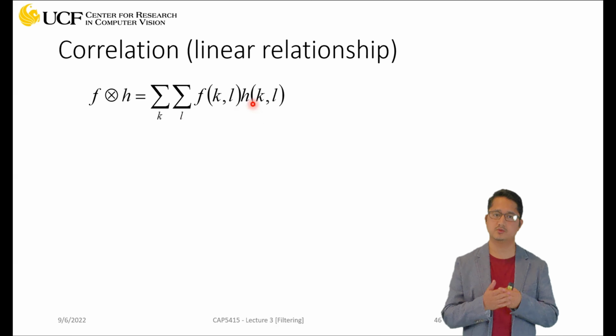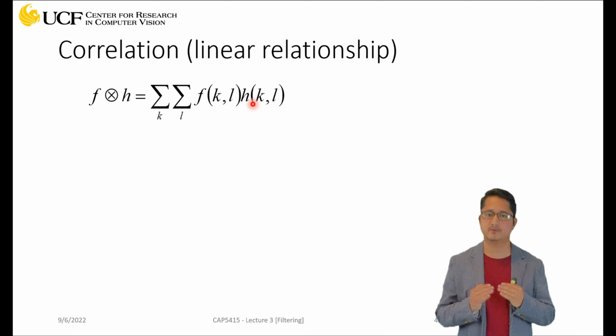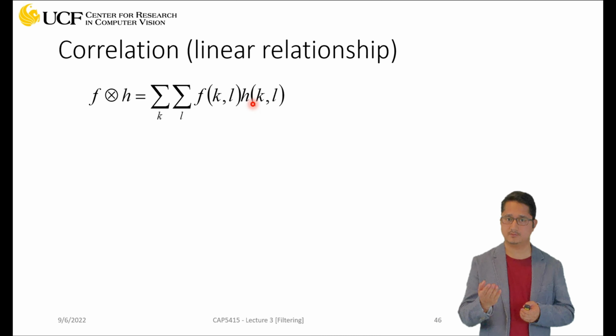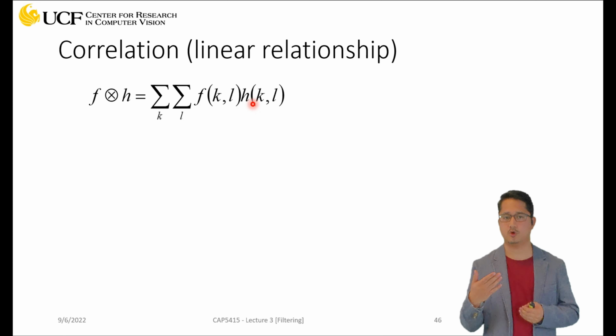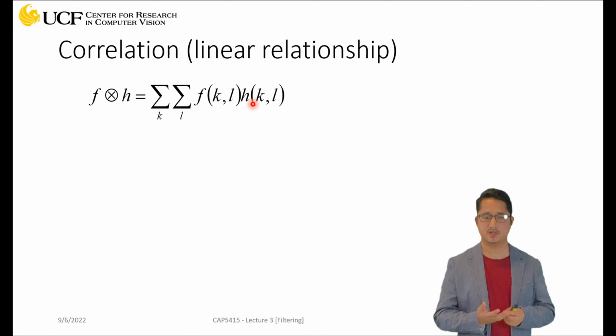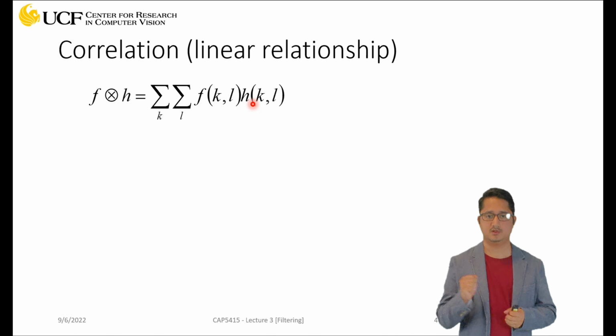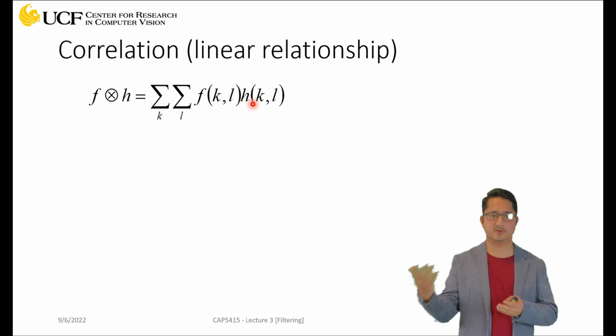And correlation is used to find out if two different functions are similar or not. And you have seen this in the first lecture when we were trying to perform object detection using pattern matching. If the patterns match, then we get a very high response, which means the correlation is very high. So this is directly coming from statistics.